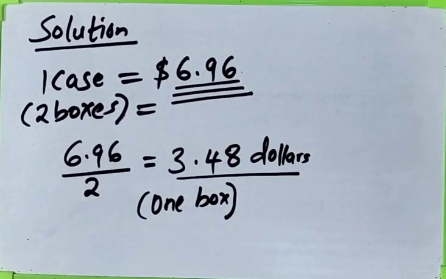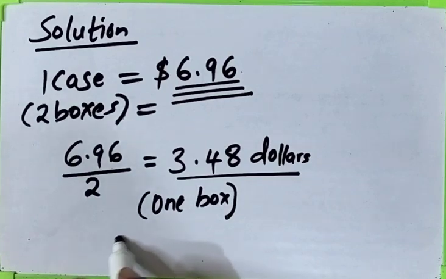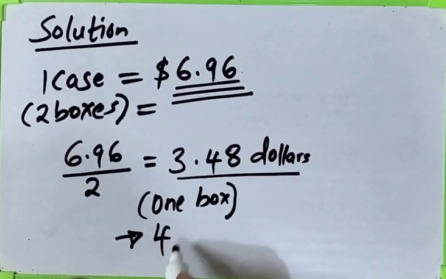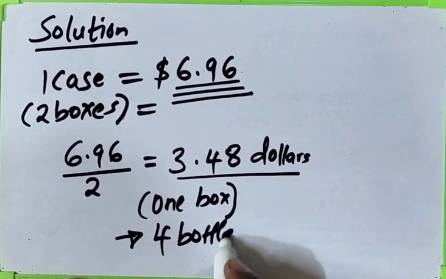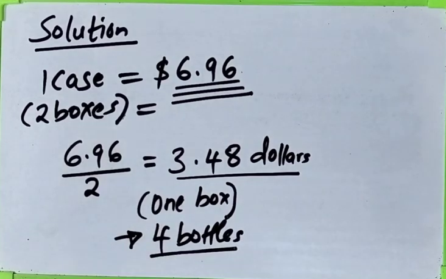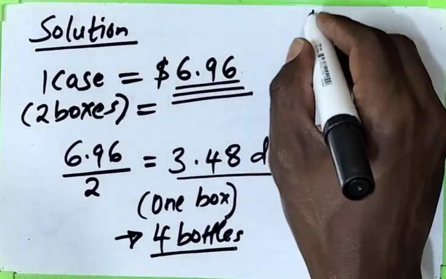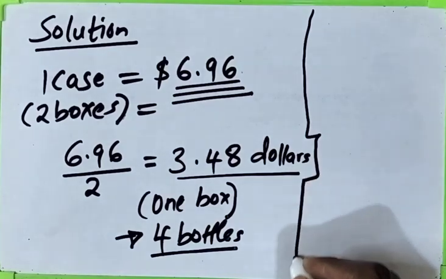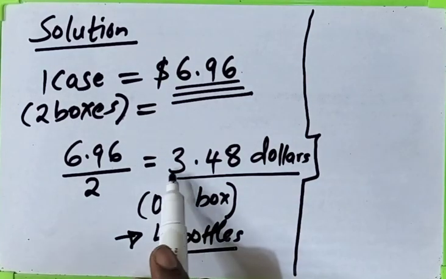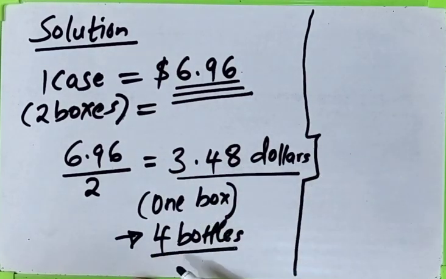Remember, in a box we have 4 bottles. So if we want to know the price of a bottle, we shall have this amount for the whole box divided by 4.